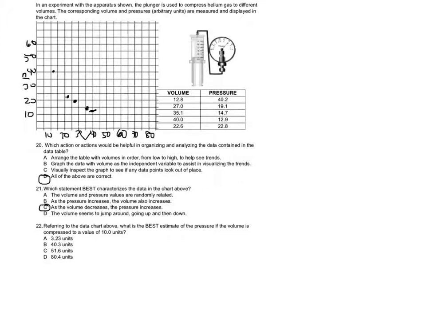Now, number 22. Looking at the data above, the best estimate for pressure if the volume is compressed to 10. All right, well, this is where the graph comes in really handy because if we look at 10, that's just a little bit past where we actually already have a data point at 40. So if we were to kind of draw a curve in here for this, which I will attempt to do, I don't know how good this is going to work, but I will try.